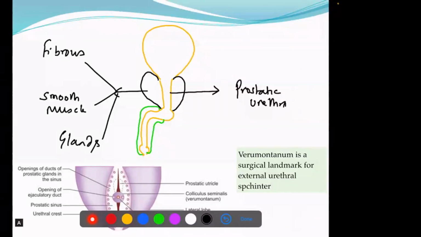So you can say the prostate is a fibro-musculo-glandular organ. The normal weight of a prostate in an adult is around 20 gram. Two very important diseases related to the prostate are BPH and cancer prostate.